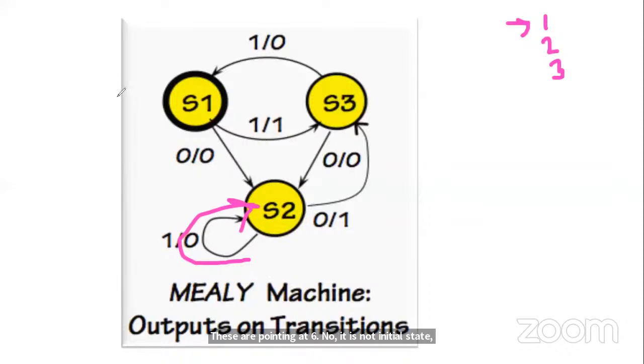In our definition of initial state, it must point from nowhere, so it will just appear from somewhere and point to a particular state. All right, so moving forward. S1 should be the start state. Yes, according to numbering. But if it is not stated, then you don't assume.